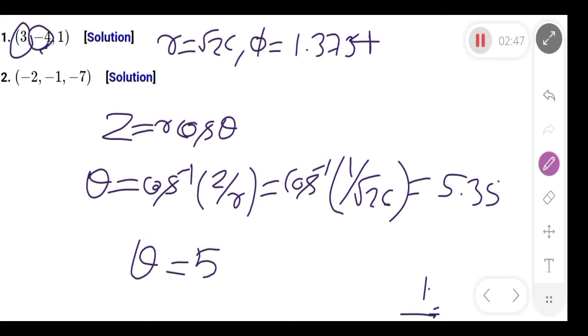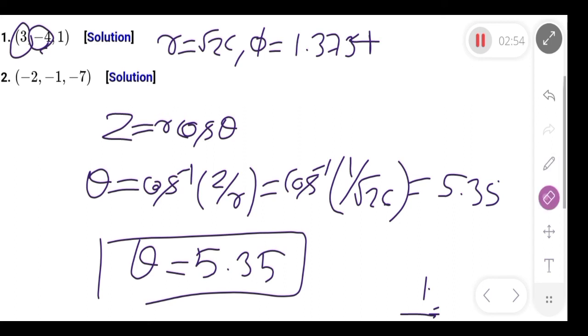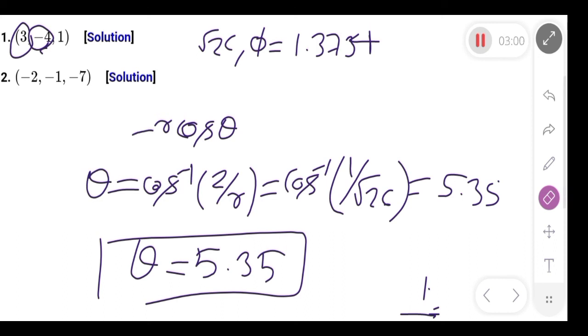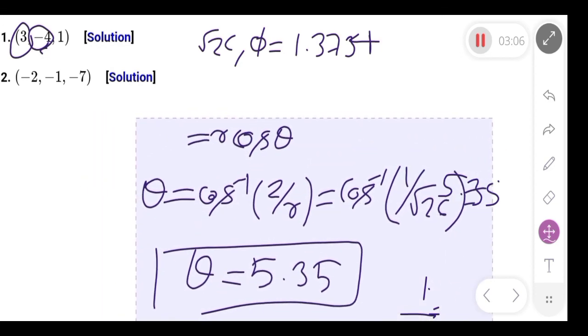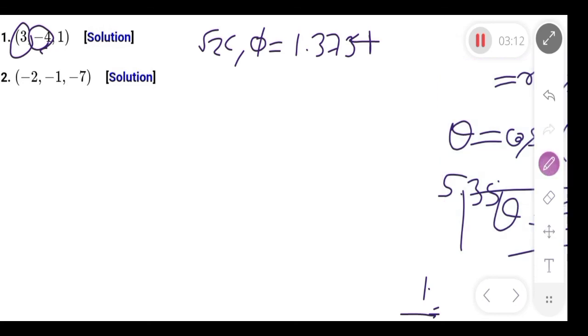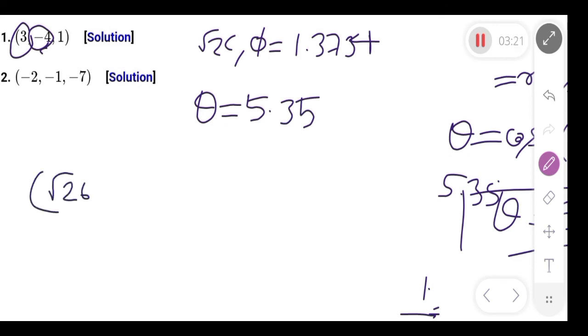Then we get the spherical coordinate, which is under root 26, that is the value of r, theta that is 5.35, and the value of phi which is 1.37.